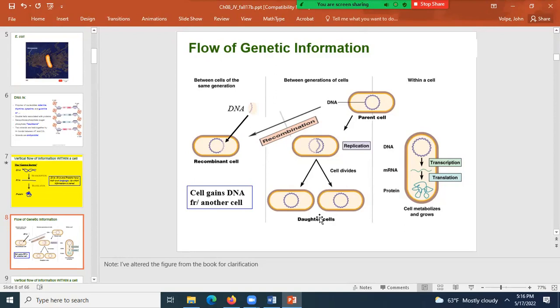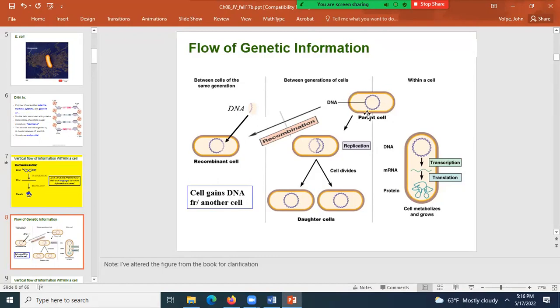Any question about that? Now, the flow of information can also flow between cells of the same generation. And you'll notice I broke this description because I didn't like the way the picture was going and I added in the DNA. What happens is DNA leaves one cell. So some DNA leaves this cell, and oftentimes this cell will die.